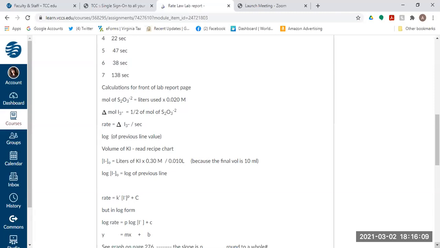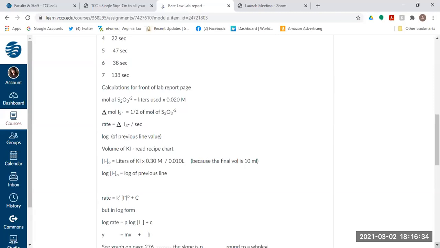So you need to look at the recipe chart, figure out how many liters, because the recipe chart's in milliliters. You're going to have to move your decimal place. And 0.02 molar. Multiply those two together, the liters cancel out, you get moles. The moles of triiodide is half the moles of thiosulfate.